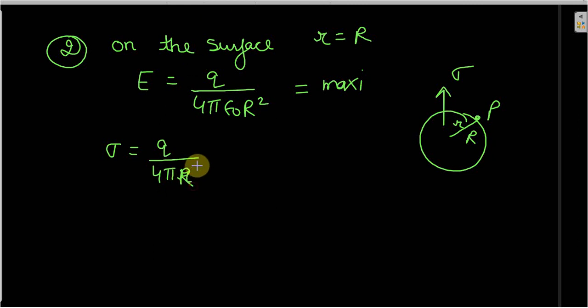From here you can find the value of Q, that is equal to sigma 4 pi R square.